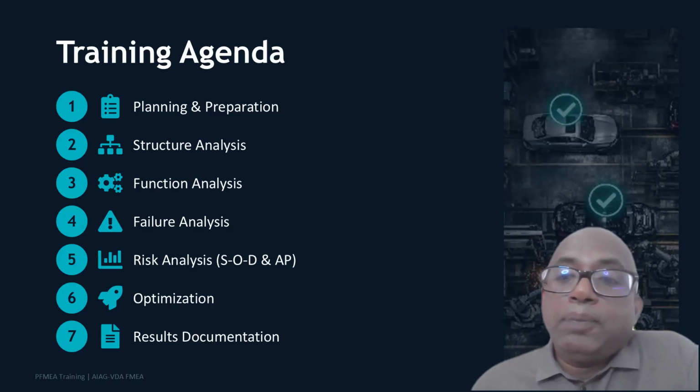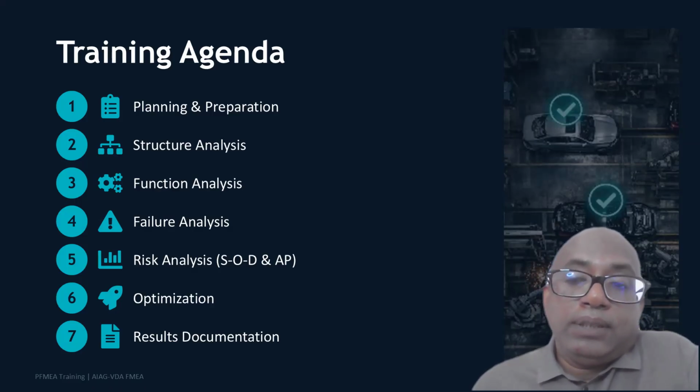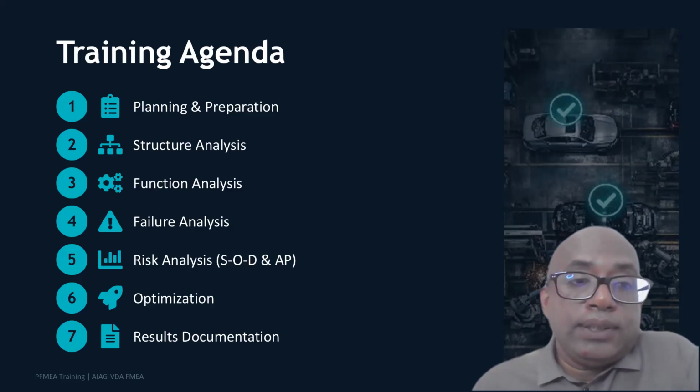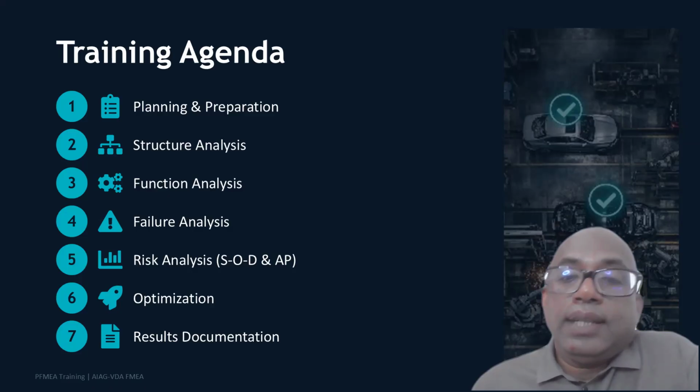First, planning and preparation work should be there. The next one is structure analysis. Under structure analysis you have to do a lot of things, but these were not in the previous traditional version. Then function analysis, then failure analysis, then risk analysis.